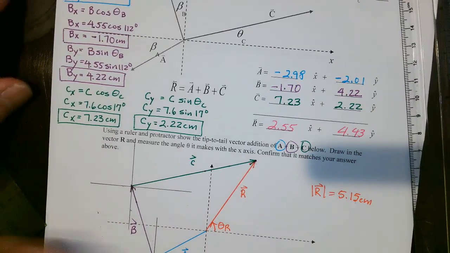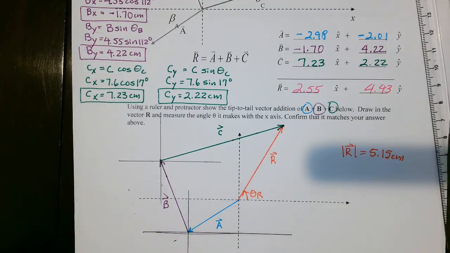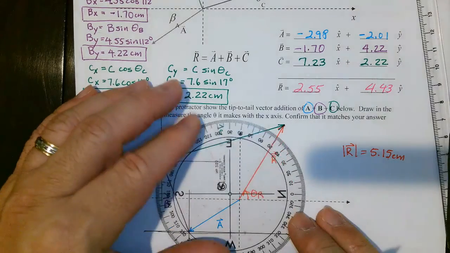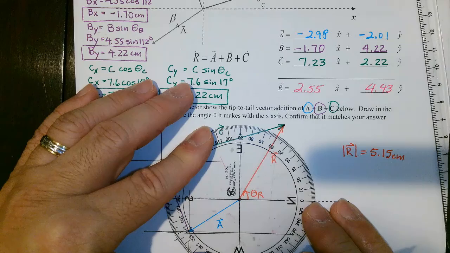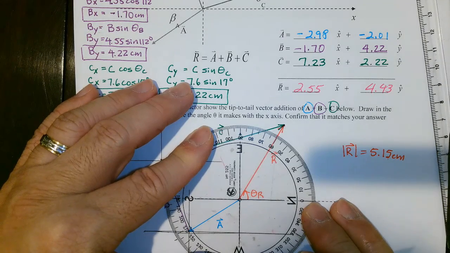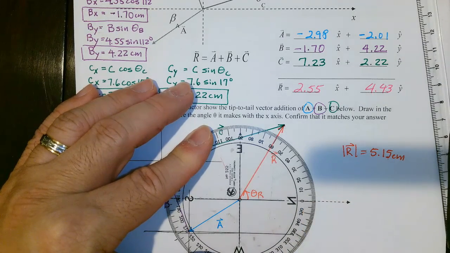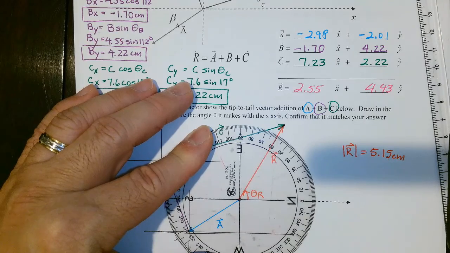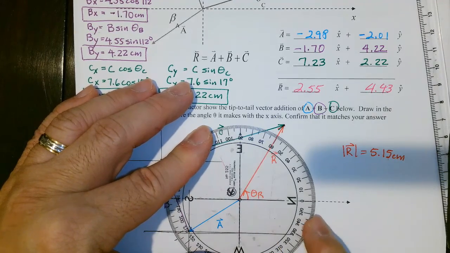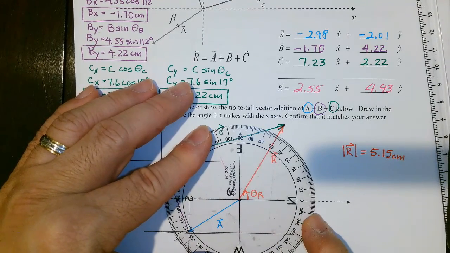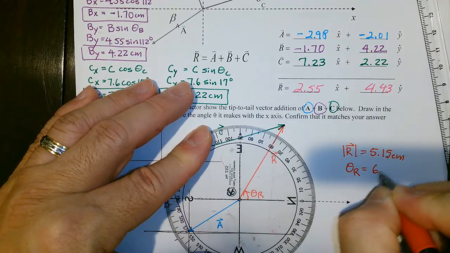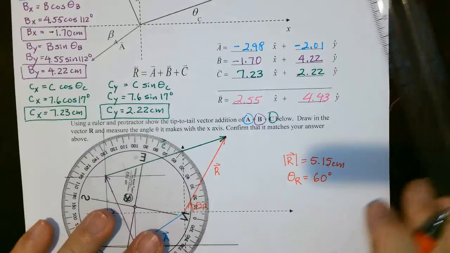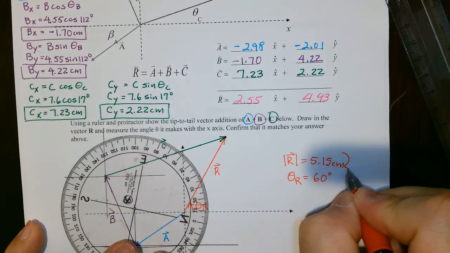If we were to measure that, I get like 60 degrees on the dot. So my theta r is 60 degrees. These are again measured, okay?